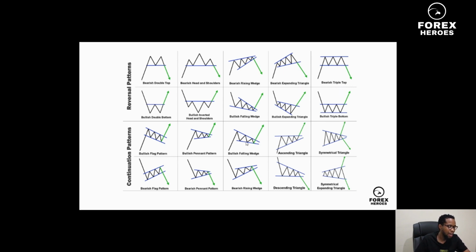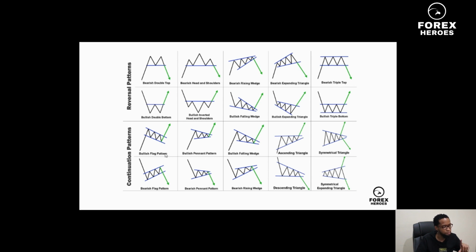So now we are coming into the continuation. The continuation is simply a pattern that continues the market. It's a pattern that shows you the market is still continuing in the trend, in the direction that you anticipated. We have the bullish flag pattern. You can see in most cases it touches at the bottom 3 times.